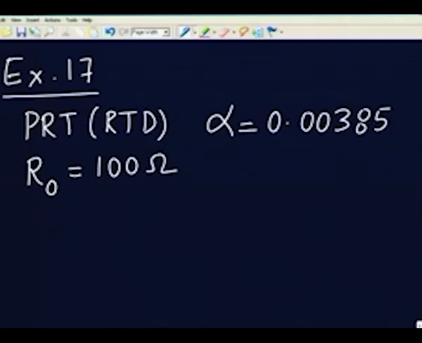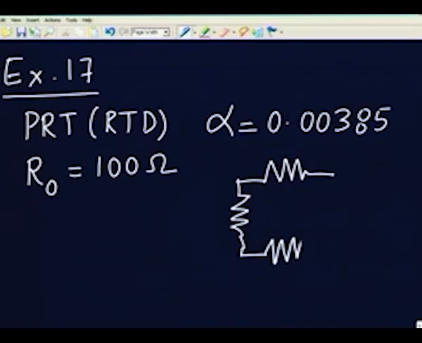So, it is connected in the following fashion. I will just make a diagram for the connection. It is in the form of a bridge circuit, there are 3 resistors. This is the RTD.